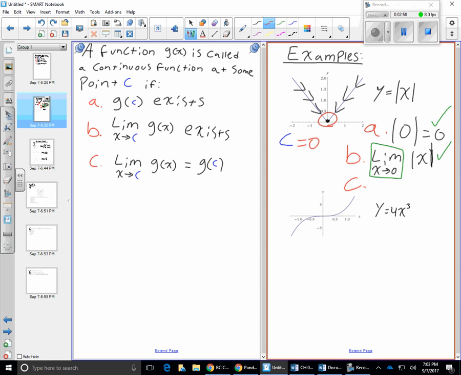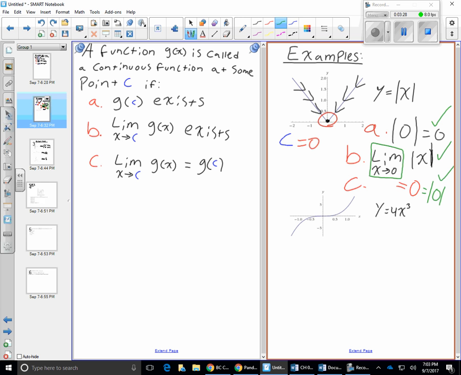And finally, we can tell that this limit b is 0, which is the same as what we got in A. So this limit equals 0, which is equal to the absolute value of 0. So we're all set there as well. So the absolute value of x is a continuous function.